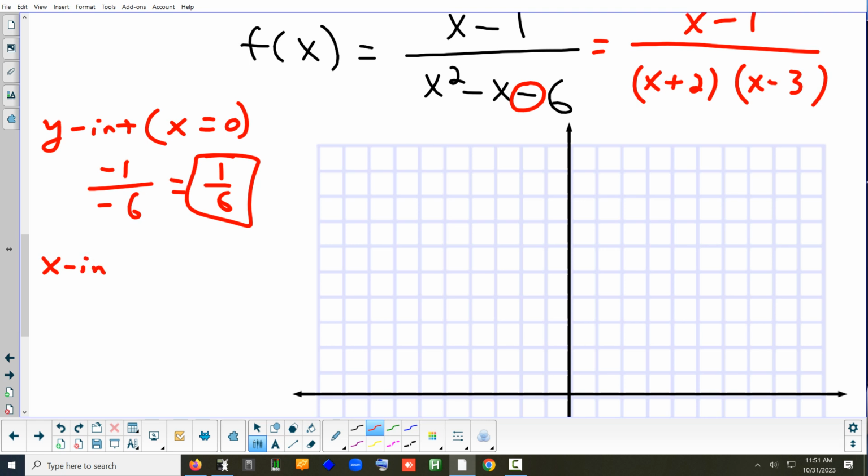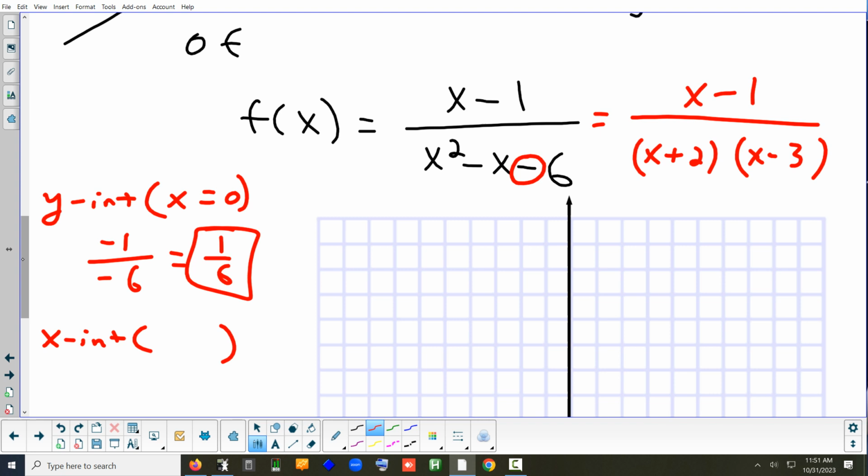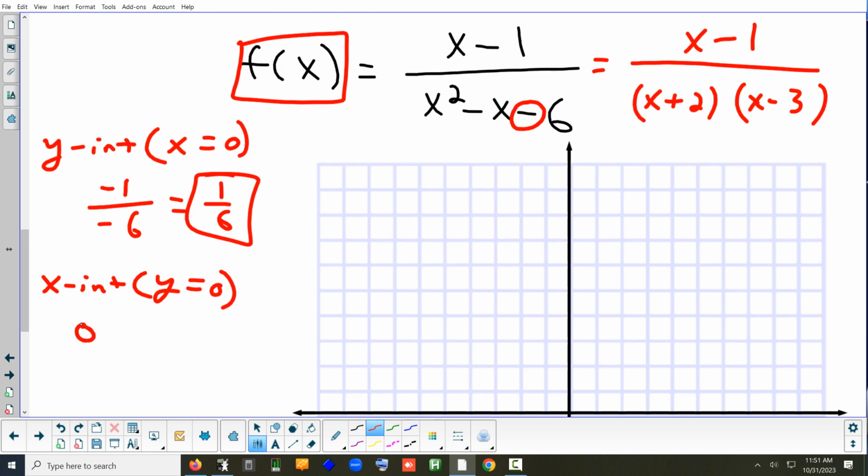Let's do the x-intercept. The x-intercept is when you plug in 0 for this. So you'd have 0 equals x minus 1 over x plus 2, x minus 3.